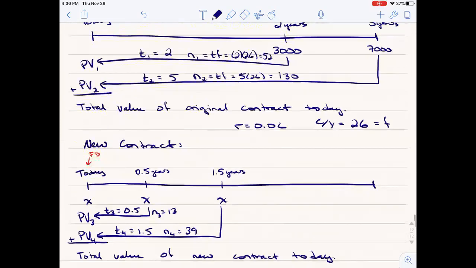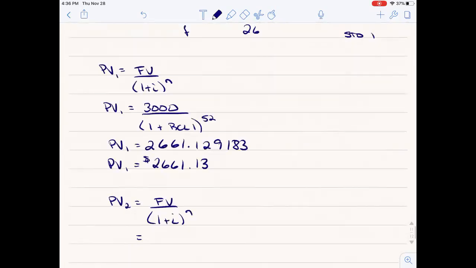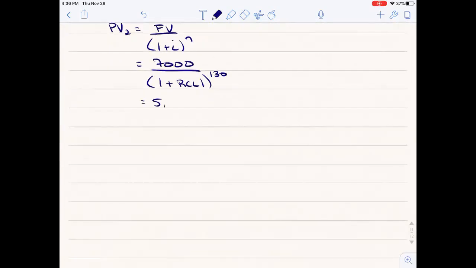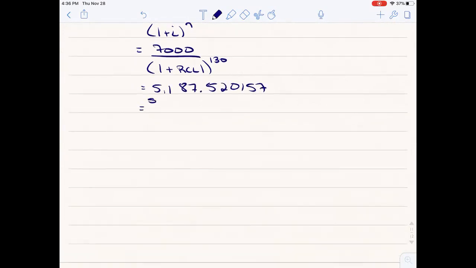The future value for PB2 is 7,000 and n is 130. 7,000 over 1 plus recall 1 to the power of 130. 1 plus recall 1 to the power of 130, 7,000 divided by that. 5,187.520157. Rounded to 2 decimal places, 5,187.52.